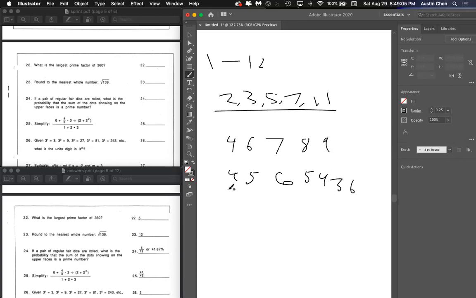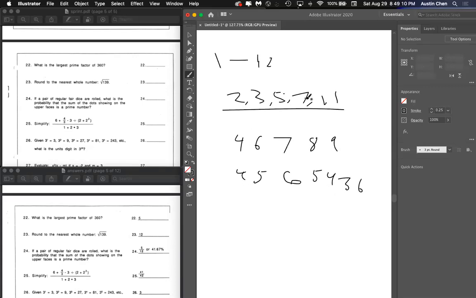So you can just add the possibilities of all of these. Oh, not 1, this should be 2. The numbers at the end have a possibility of 1.